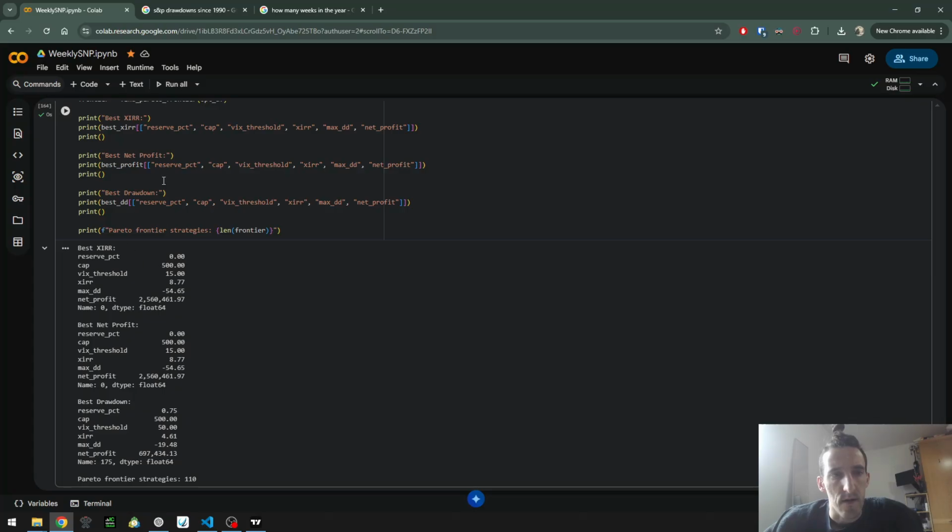Yep. Best net profit. Yep. Best drawdown. That's a lot of difference in the net profit though. 3 times the drawdown and almost 4 times in net profit.